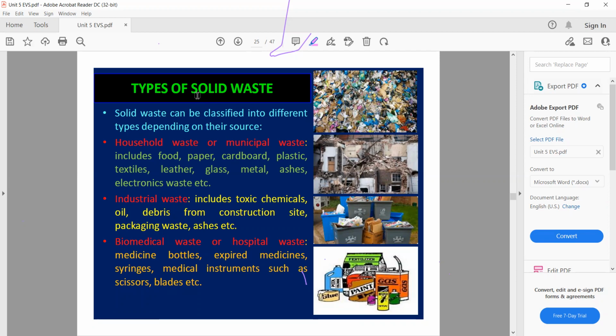Industrial waste includes toxic chemicals, oil, debris from construction sites, packaging waste, ashes, etc. Fine. Next, biomedical waste or hospital waste: medicine bottles, syringes, expired medicines, medical instruments such as scissors, blades, scalpels, or needles, all these.